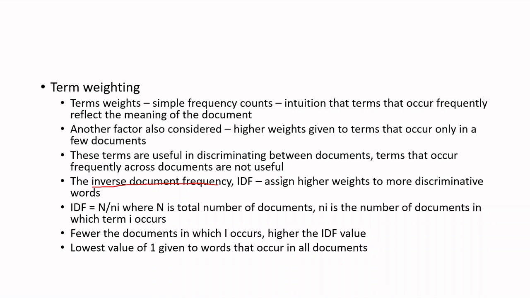Inverse document frequency means assigning higher weights to more discriminative words. How can we represent that? Inverse document frequency is represented as N by n_i, where N is the total number of documents and n_i is the number of documents in which term i occurs. Discriminating words might not occur in all documents, but will be present only in the relevant documents.